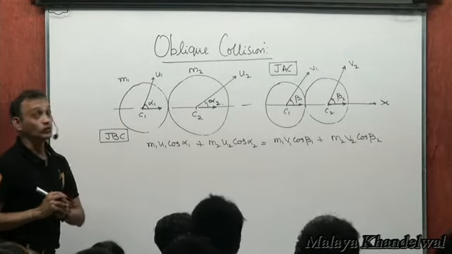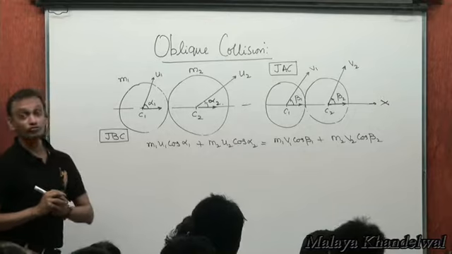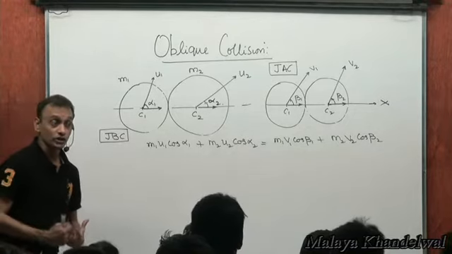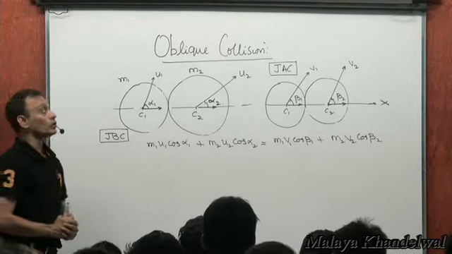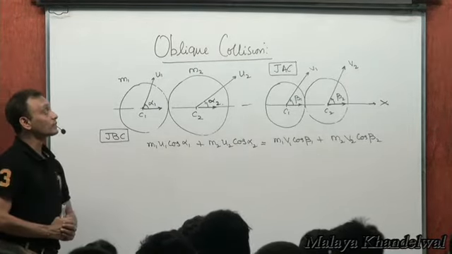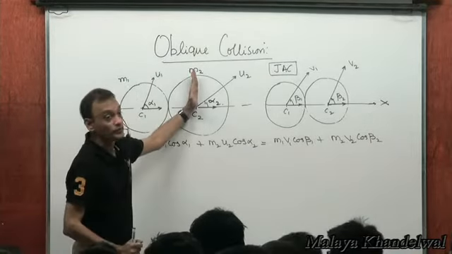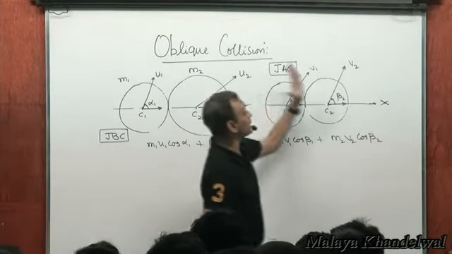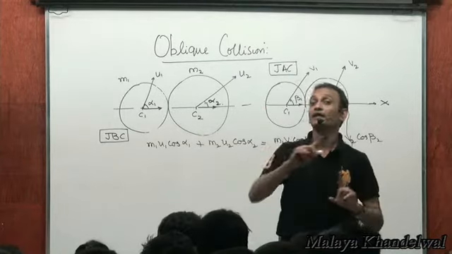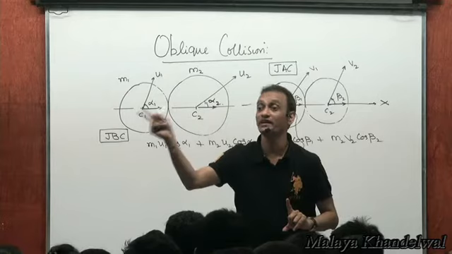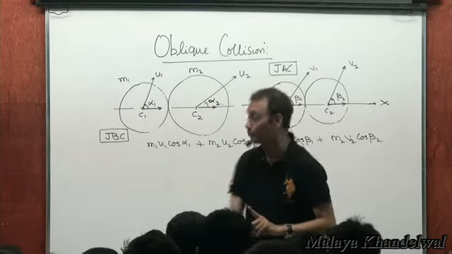If I had to calculate the coefficient of restitution for this collision given this data, then again I'm not bothered about velocities that are perpendicular to C1, C2. I only look at velocities along C1, C2, and along C1, C2 I look at relative velocity of separation divided by relative velocity of approach.